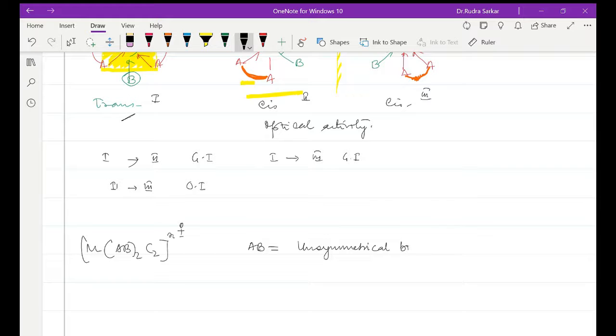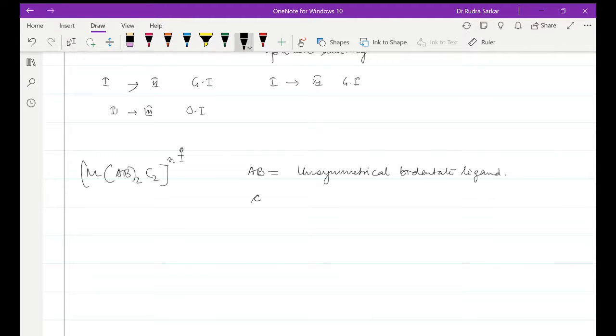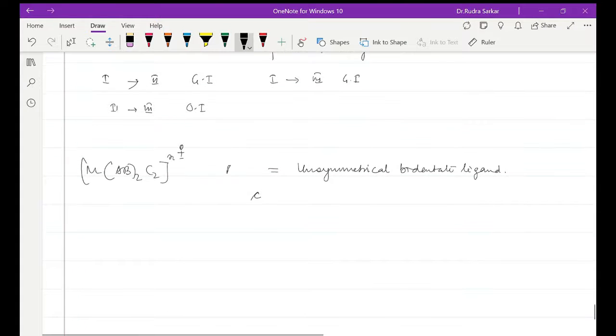Unsymmetrical bidentate ligand out here. And so let's say it like this, AB. And C out here is our monodentate ligand.